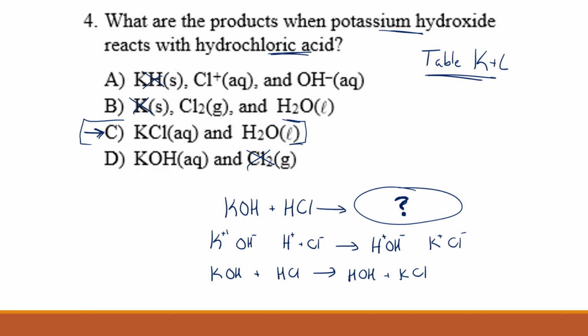And remember that an acid plus a base is always going to make salt and water. Always going to make salt and water. So we know that if there's no water, it can't be the right answer.